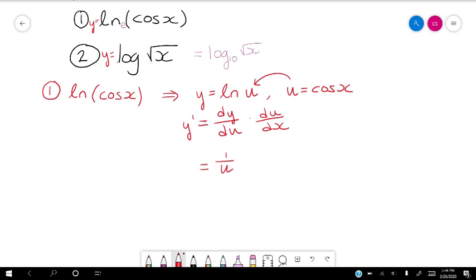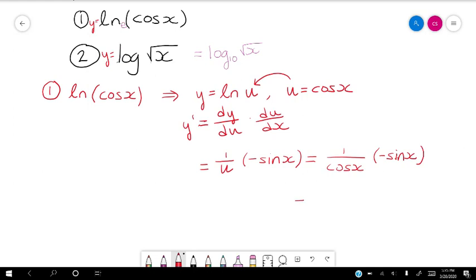And du dx, what's the derivative of cosine? Negative sine. Okay. And then let's make a final substitution. What are we calling u? U is just cosine of x. All right, so we're looking at 1 over cosine x times negative sine of x.